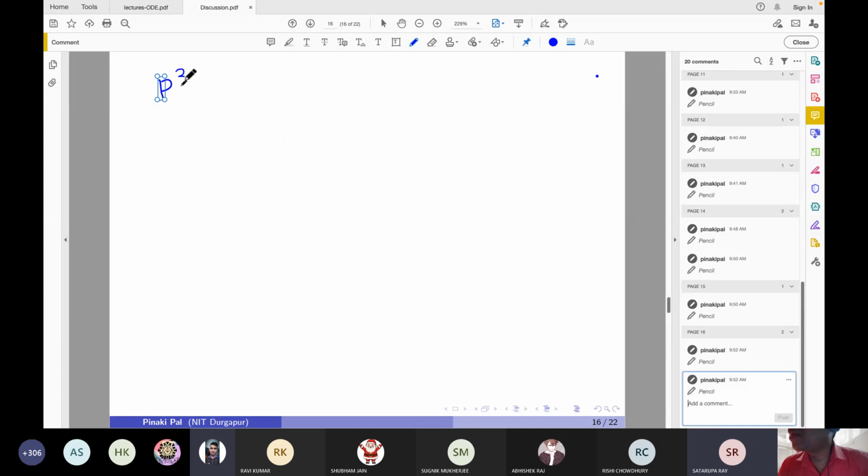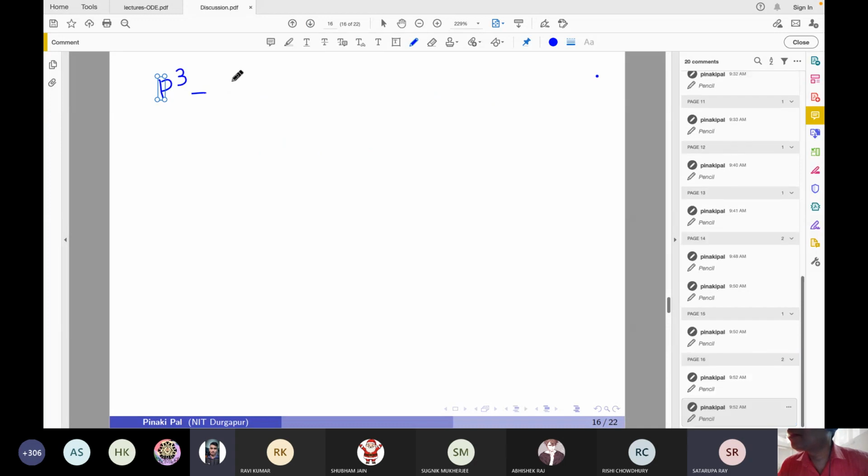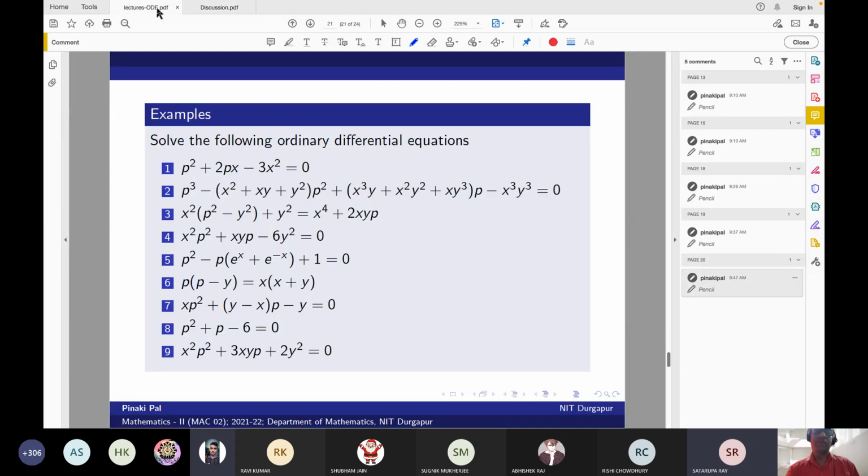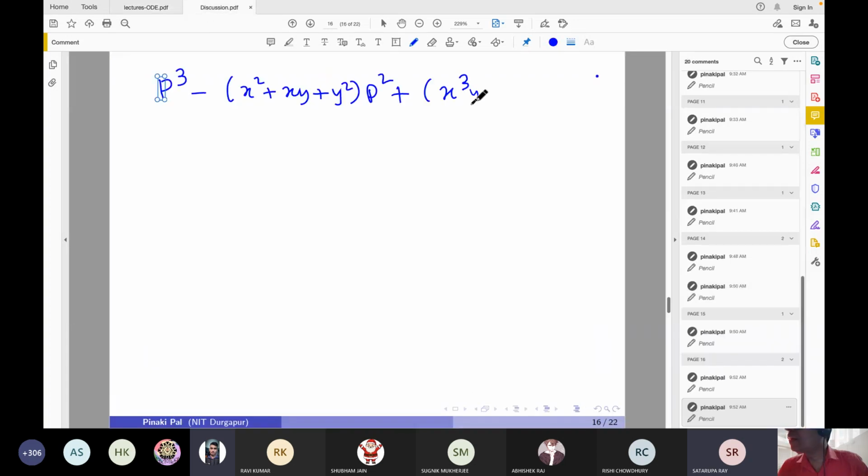Okay, let me just show you. p cube minus (x square plus xy plus y square) p square plus (x cube y plus x square y square plus x y cube) p minus x cube y cube.